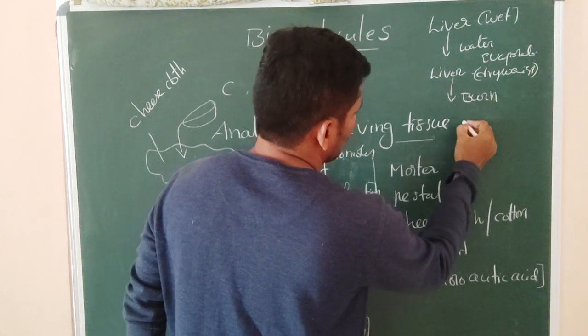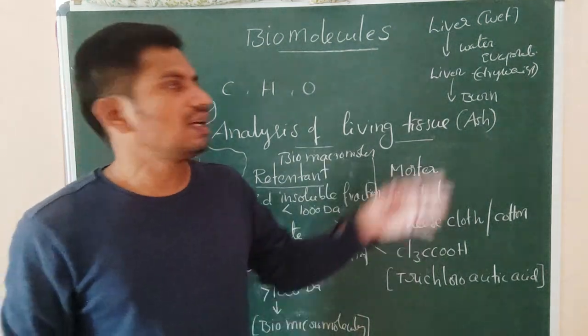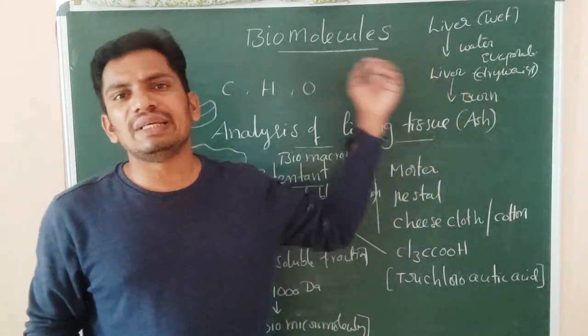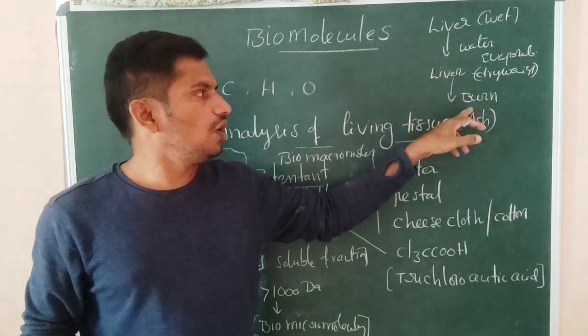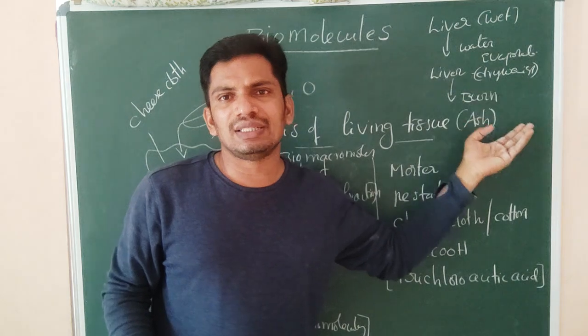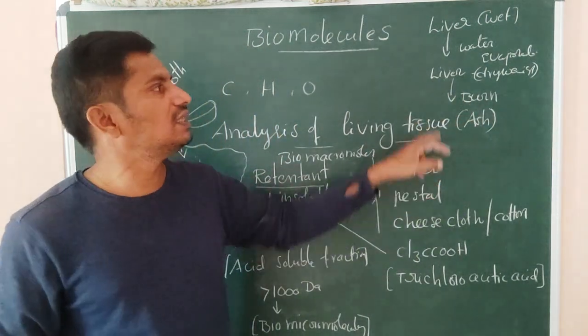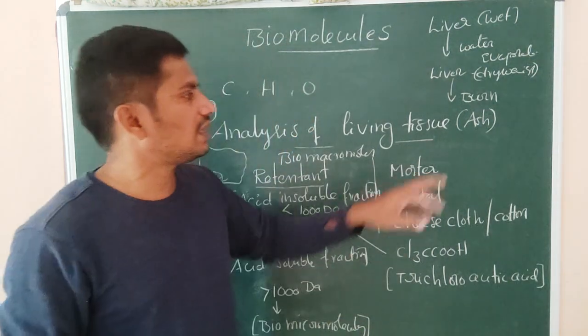Then finally we get ash, right? It means carbon and water will evaporate from the living tissue. Now we get calcium, nitrogen, magnesium, sulfates and phosphates. These are all the inorganic components and elements from the ash.